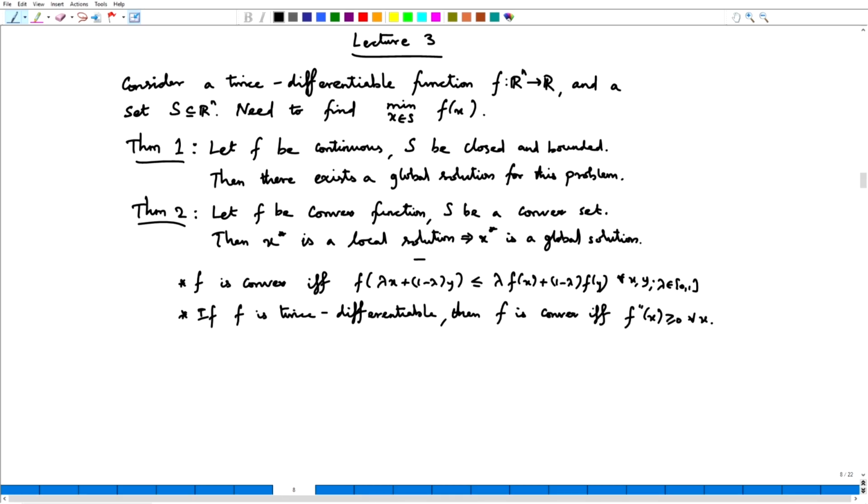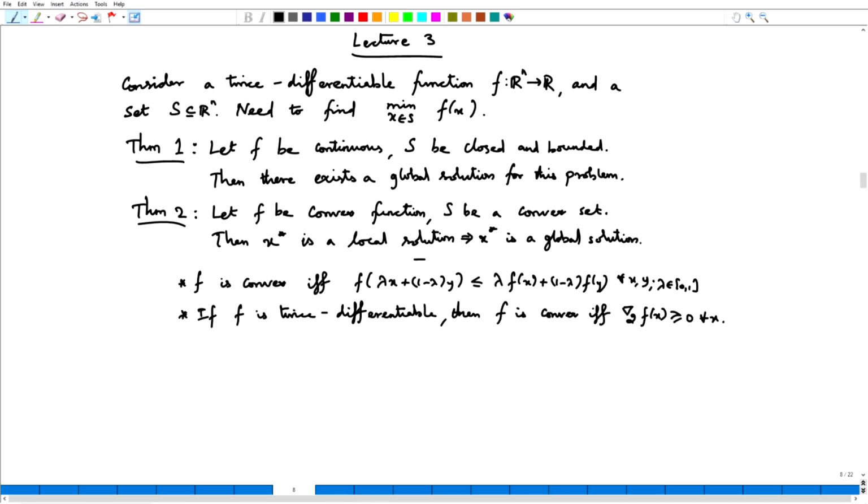So, this is when n is equal to 1. If we consider any general n, this turns out to be as follows. You consider the Hessian matrix and verify whether this is positive definite for all x. Okay. So, this is possibly a simpler way when f is twice differentiable.